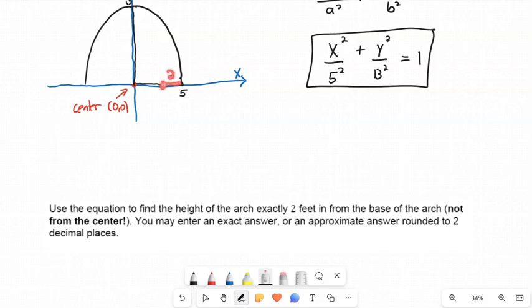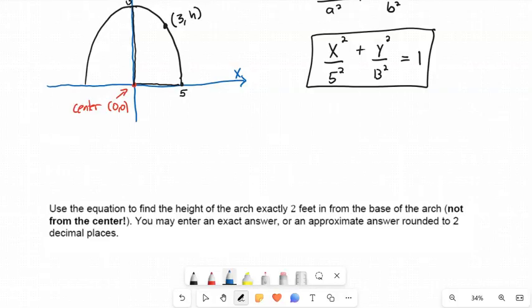So if that's 2, then that's 3, because we're completely 5 feet out from the center. So that gives us the information we want, this point right here, over 3, and let's call it h for the height that we're looking for. That's what we want to find.